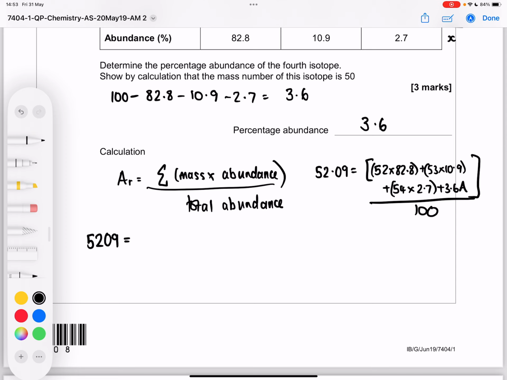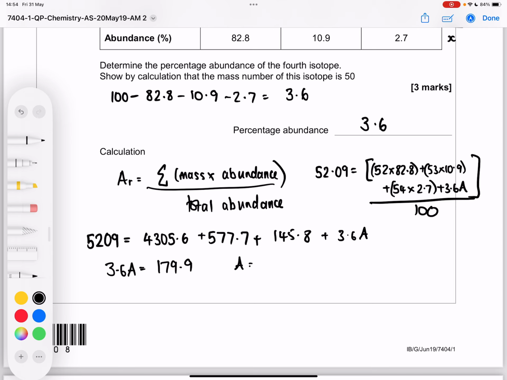So if we type in some of these numbers on our calculator, 4305.6 plus 577.7 plus 145.8 plus 3.6 times our unknown, and then we do some subtracting to find our 3.6A equals 179.9.